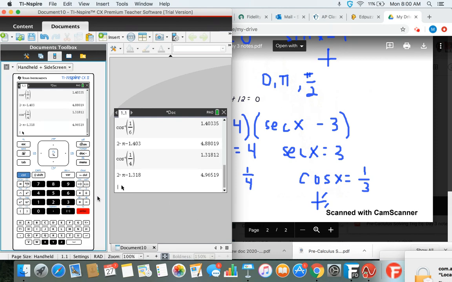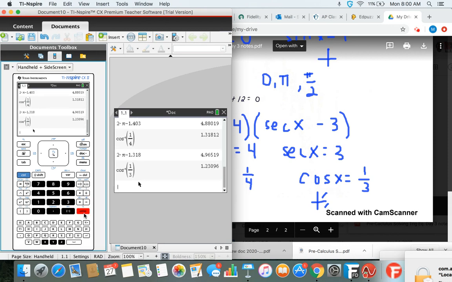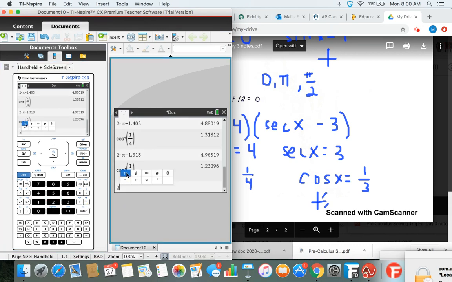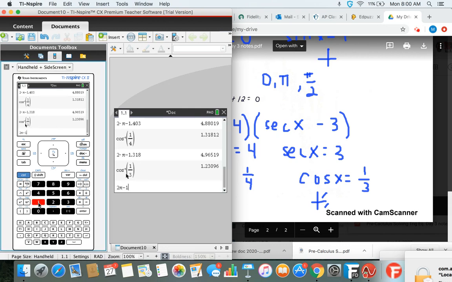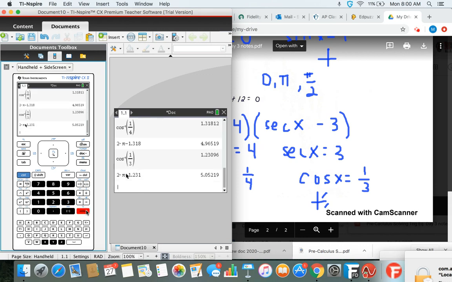And then over here, we'll do cosine of 1/3, which again is also an answer here because we're in quadrant 1. And then finally, our last answer, 2 pi minus that reference angle, which we'll say is 5.231 if we're rounding to 3 decimals. So there's that answer.